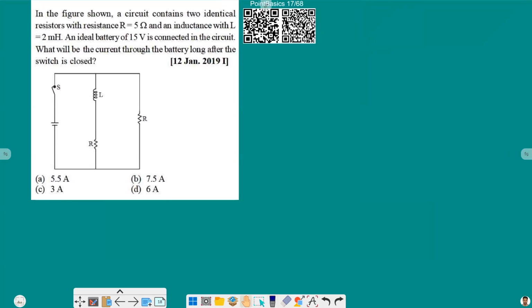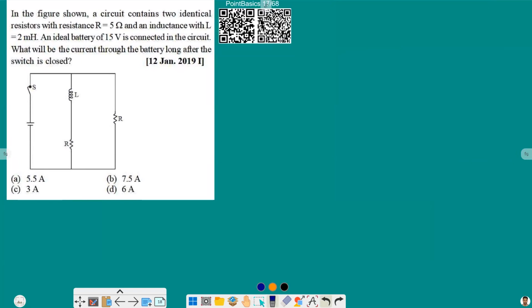Here, as mentioned, we have two identical resistances of 5 ohm, and this is also 5 ohm, and this is 2 millihenry or 2 into 10 to the power minus 3 Henry. An ideal battery of 15 volt is connected across the circuit. So this battery is of 15 volt. What will be the current flowing through the battery a long time after the switch is closed?